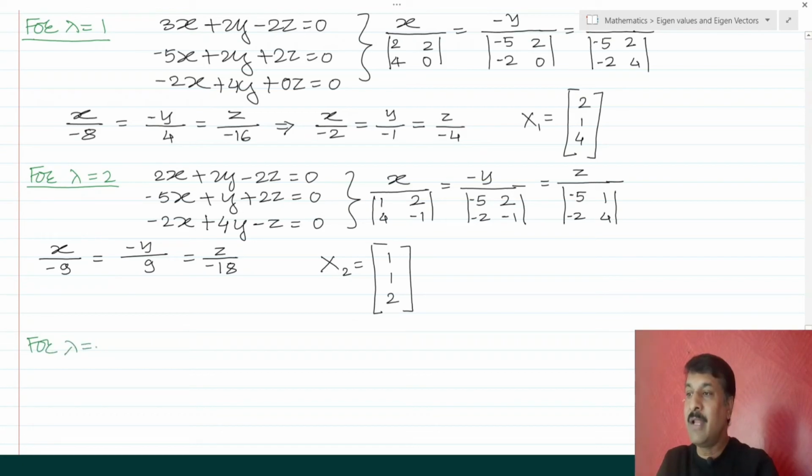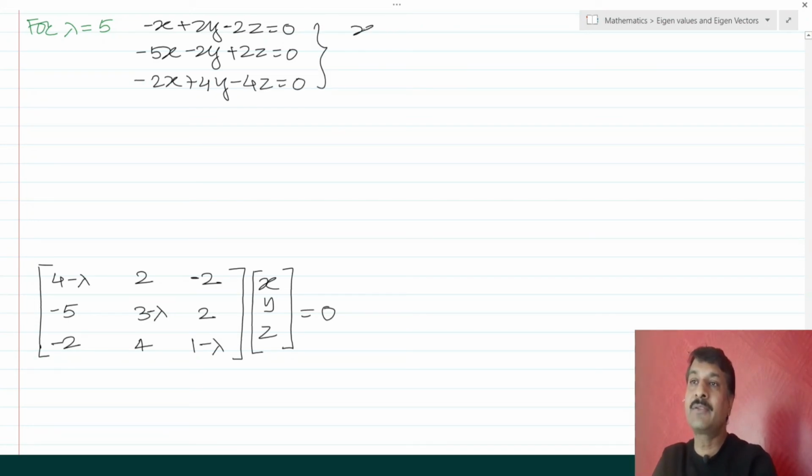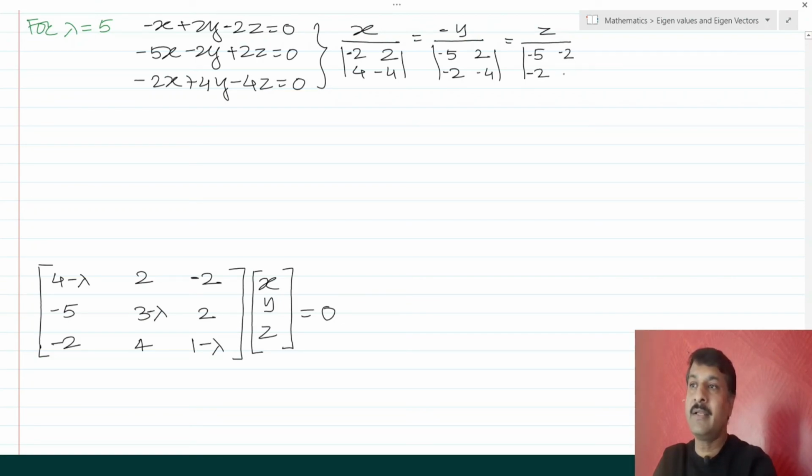For the third value, lambda equal to 5. So here I am getting minus x plus 2y minus 2z equal to 0. Minus 5x, 3 minus 5, it is minus 2y plus 2z equal to 0, and minus 2x plus 4y, 1 minus 5, it is minus 4z equal to 0. So by Cramer's rule again, x upon determinant minus 2, 2, 4, minus 4, minus y upon determinant minus 5, 2, minus 2, minus 4, and z upon determinant minus 5, minus 2, minus 2 and 4.